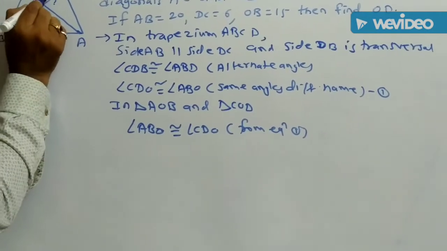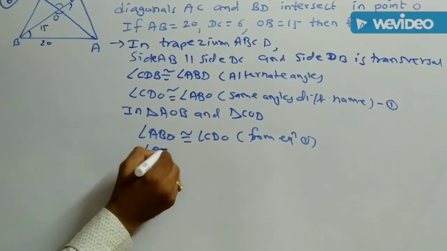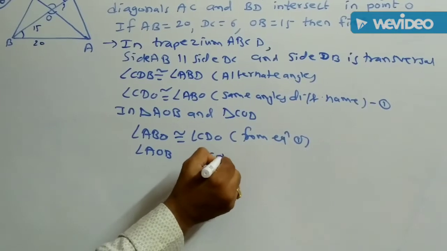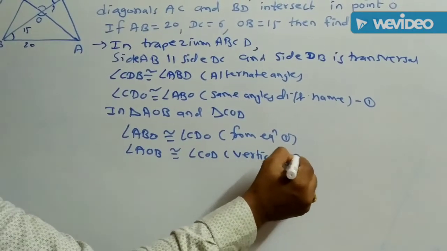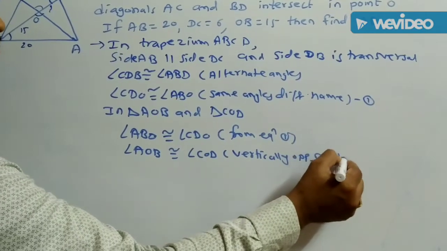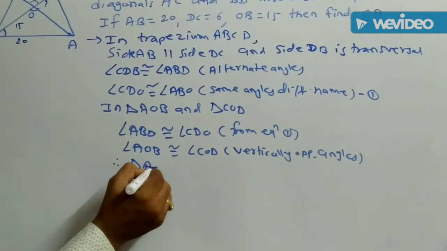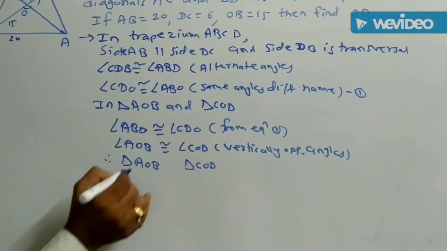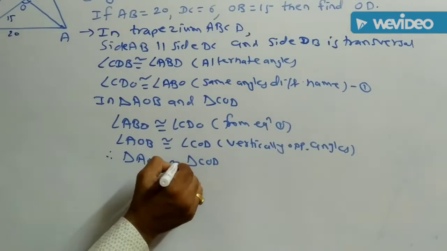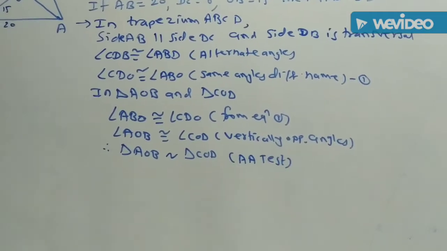Then these two angles AOB and COD, both are vertically opposite angles, therefore they are congruent, and that means in triangle AOB and triangle COD, two angles of each triangle are congruent to each other, and therefore both the triangles are similar by AA test.